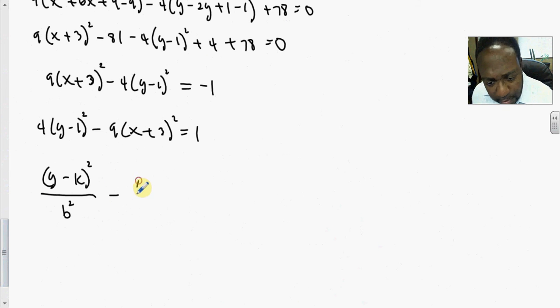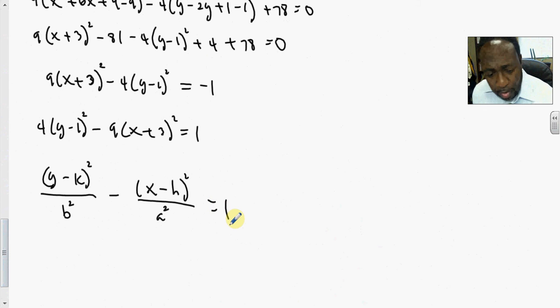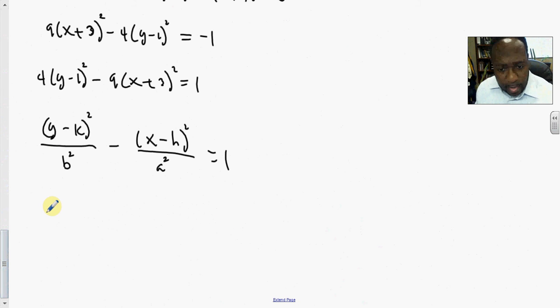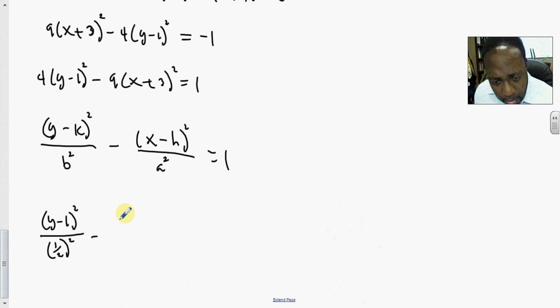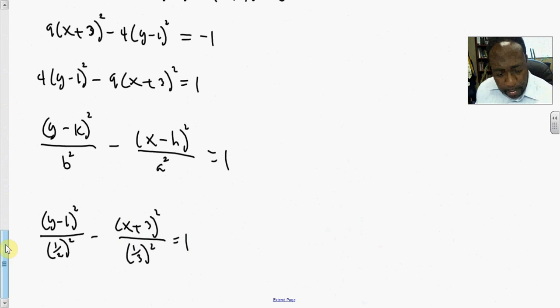Here this is a minus x minus h to be squared over a squared is equal to 1. So writing this equation in that form, that gives us y minus 1 to be squared all over 1/2 squared minus x plus 3 to be squared all over 1/3 squared is equal to 1.